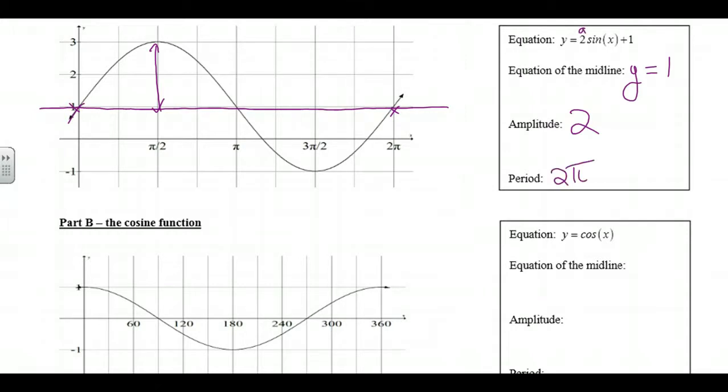So A is equal to 2 and A is the amplitude. D is equal to 1 and D is where the midline is, right? At 1 or up 1. The B value here is 1, meaning we just get 2 pi over 1, right? Remember, period is 2 pi over B. 2 pi over 1 is 2 pi. So you just get a regular normal period. Where does C go? No C.